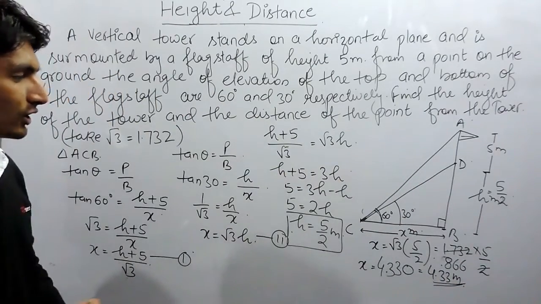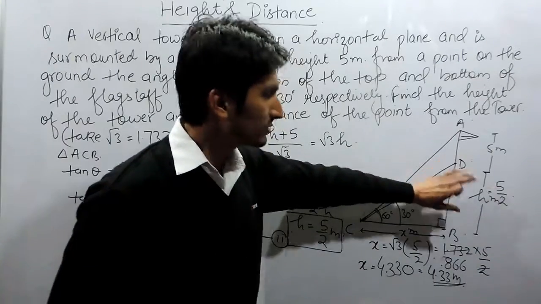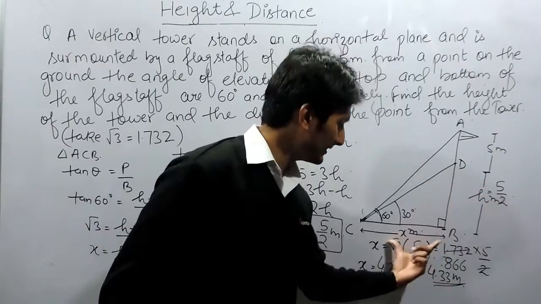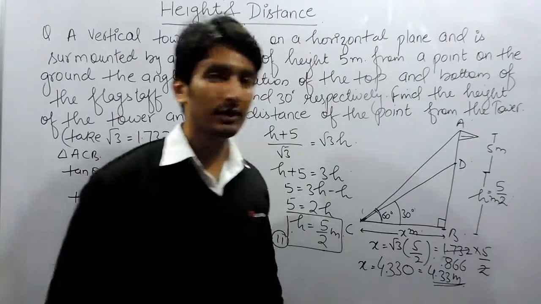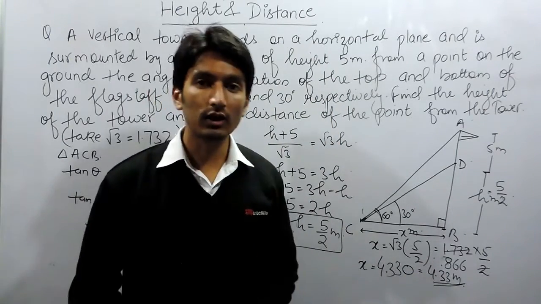So here the answer of height must be equal to 5 by 2 meters, and the distance must be equal to 4.33 meters. So this is how you can solve this.